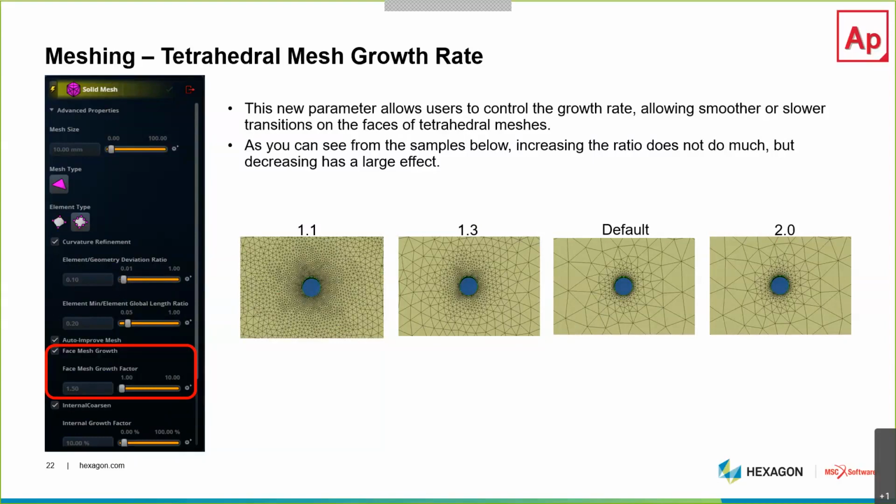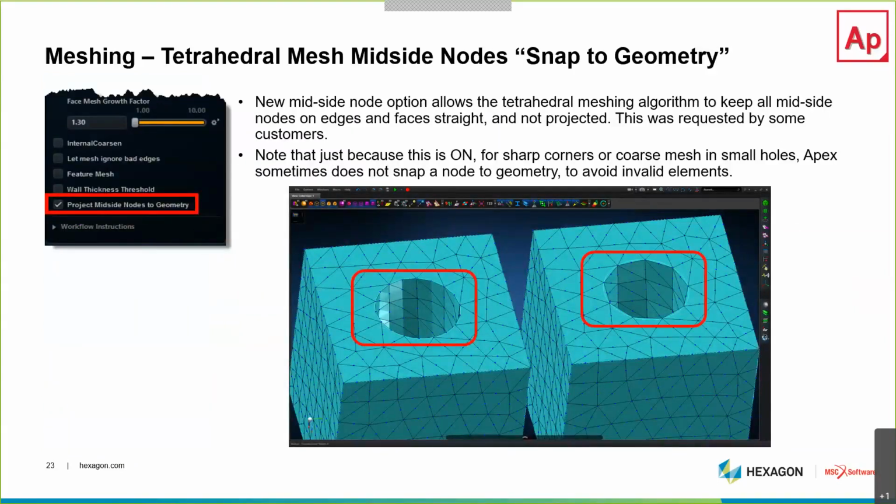So you can manage that growth rate of your tetrahedral mesh. Now, also along the topic of tetrahedral meshing, you have the ability to snap those mid-side nodes to a curve. This has also been a long-standing request for people that were frustrated with the fact that their mid-side nodes were kind of floating. You can see the example on the cube on the right-hand side that has a fastener hole through it, where the mid-side nodes are disconnected from the interior surface of that cylinder.